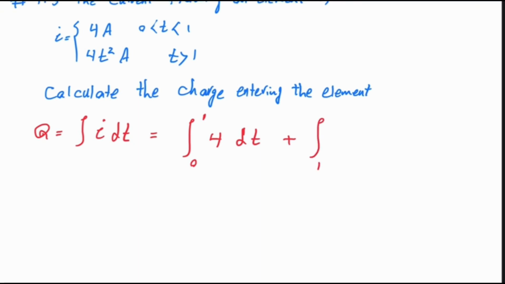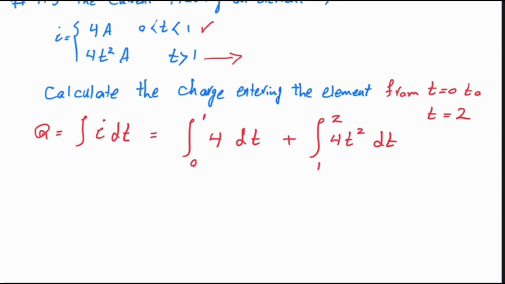The question also says to calculate the charge entering the element from t equal to 0 to t equal to 2. So from 0 to 1, we are considering this one. From 1 to 2, we should consider this one, which is 4t squared dt.